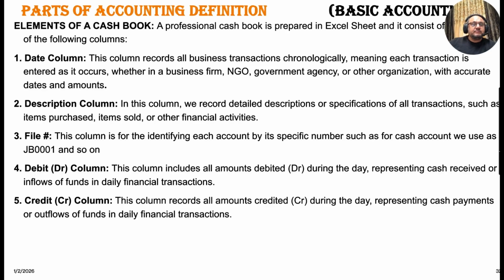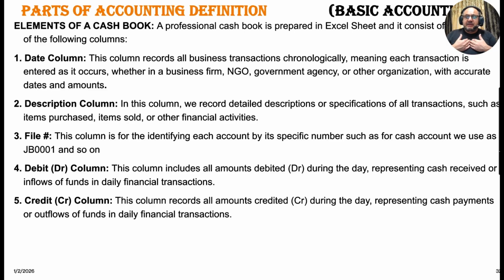So the second one is description, I have told you, and the third one is file. File means file number. File number is to separate each account from the other account. We give them a specific name. For example, in our life, everybody has their own name.